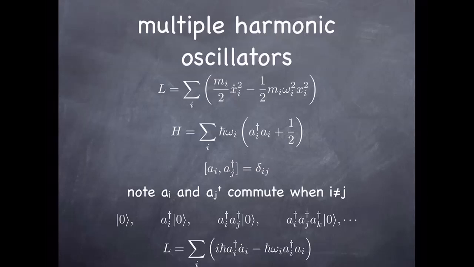Then this property that different a† commute with each other ends up being the property that the state you get is automatically symmetric under the interchange of particles that are identical bosons. Okay, so we will come back and talk about this symmetrization when we talk about creating particles next. But anyway, any questions at this stage on these multiple harmonic oscillators?